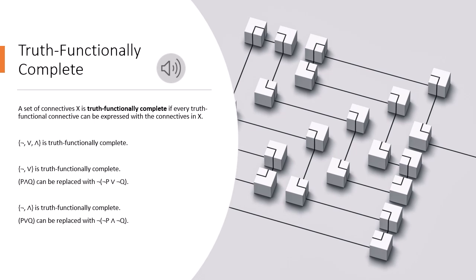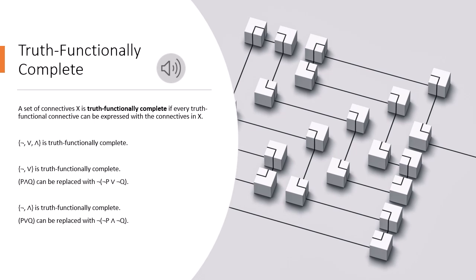Now, the way that we would prove, for example, that disjunction and negation is truth functionally complete is to recognize that a conjunction like P and Q can be replaced by De Morgan's law with the negation of, the negation of P or the negation of Q. Those two things are tautologically equivalent to one another via De Morgan's law, or you can just check with the truth table.